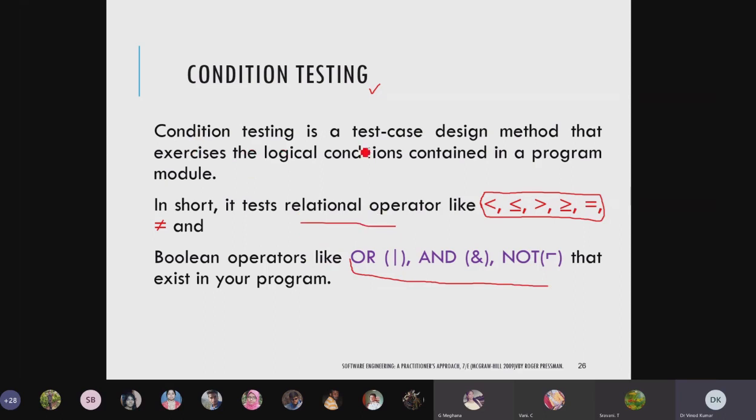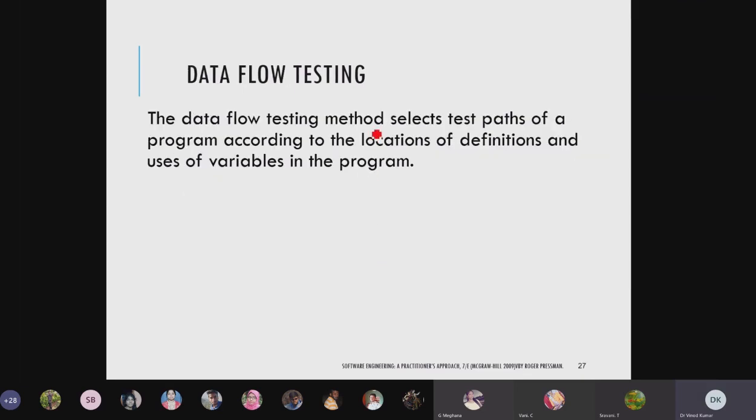Condition testing is a test case design method that exercises the logical conditions contained in a program module. It creates test cases for less than, greater than, and other possible values, and sometimes we use boolean operators also. We'll look at this in the next slides.